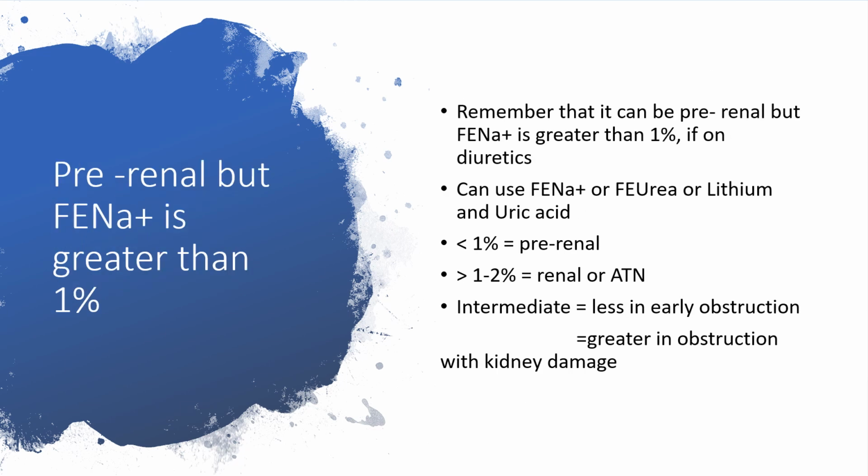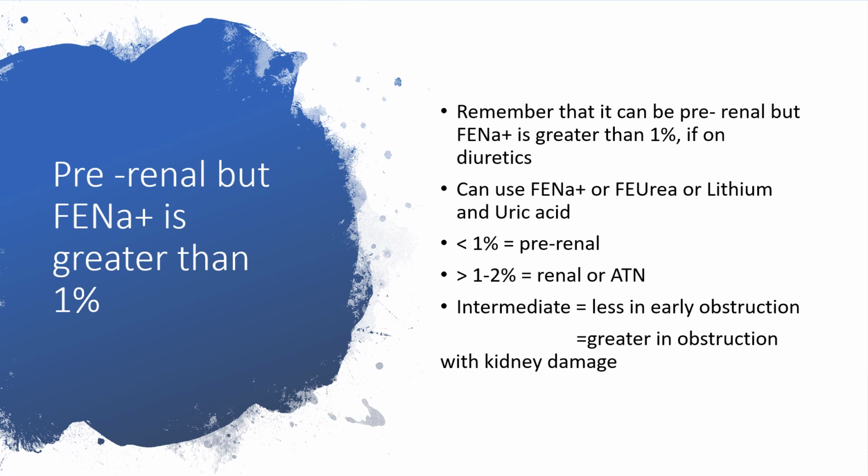Remember that it can be pre-renal, but fractional excretion of sodium will be greater than 1% if on diuretics. You can use fractional excretion of urea, lithium, or uric acid. If it's less than 1%, we expect that to be pre-renal, but remember everything I've said before now.